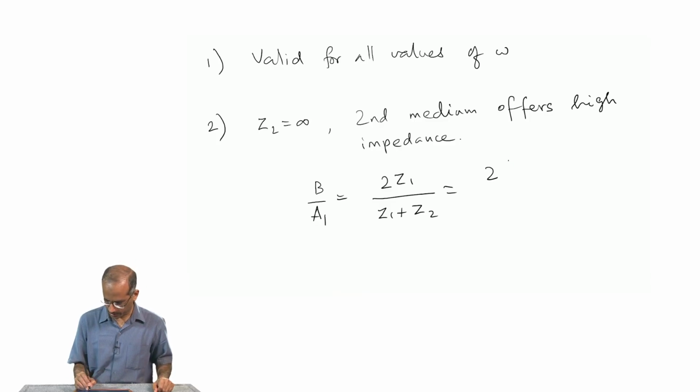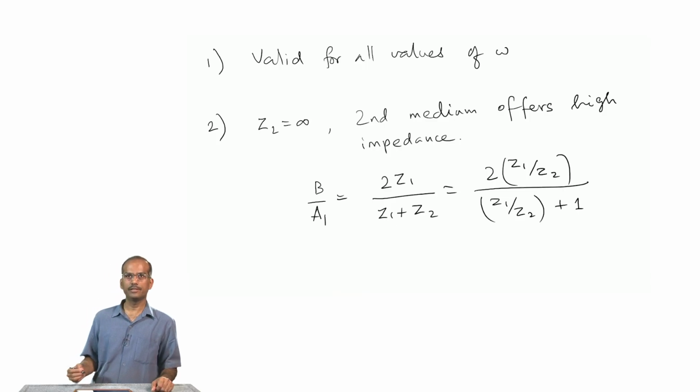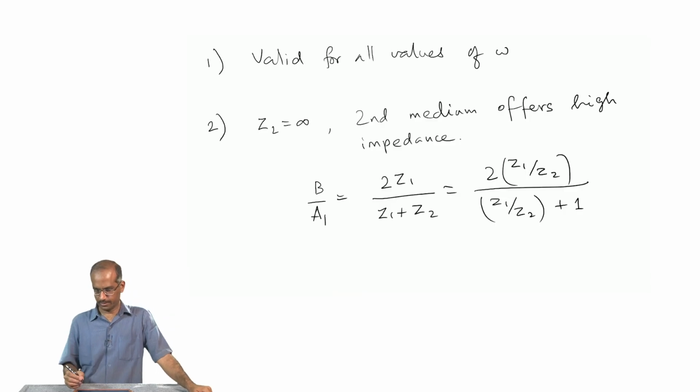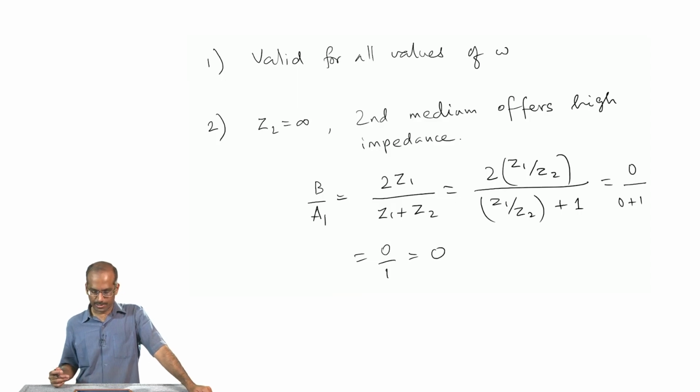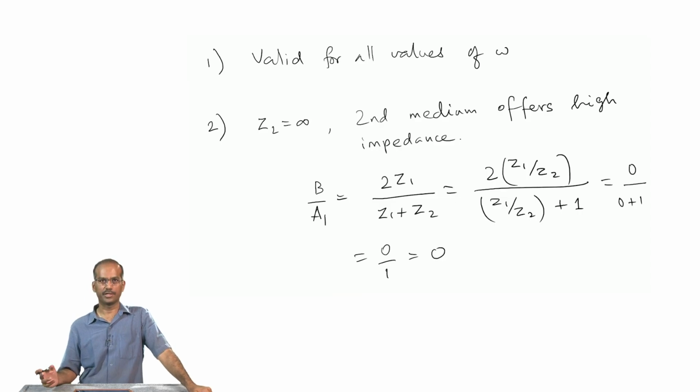So, I will have 2 into Z1 by Z2 divided by Z1 by Z2 plus 1. Now, if you take the limit Z2 going to infinity, I am going to get a 0 in the numerator and Z1 by Z2 will be 0 plus 1. So, I am going to get 0 by 1 which is equal to 0. So, that tells me that the transmission coefficient is 0 if Z2 is infinity.